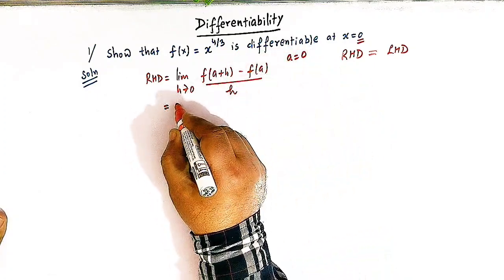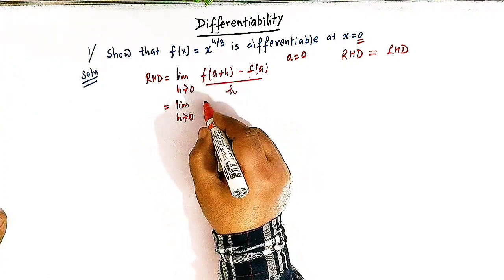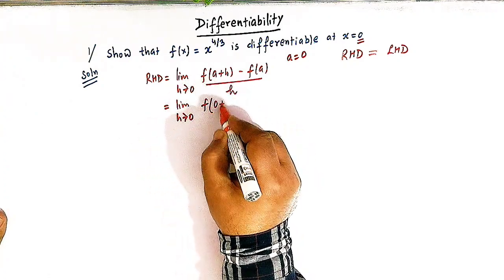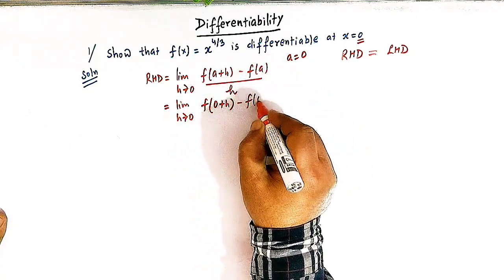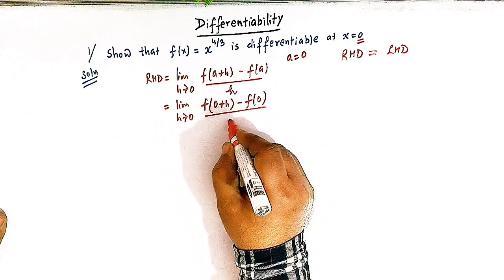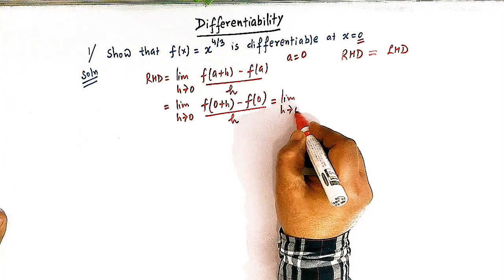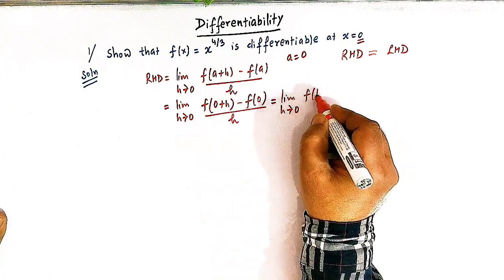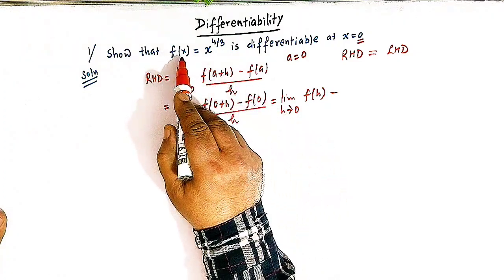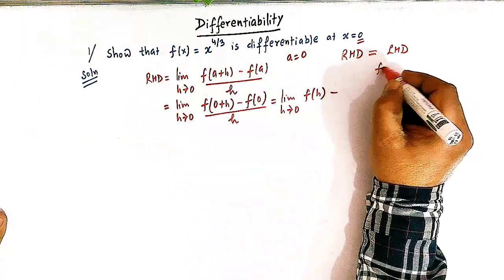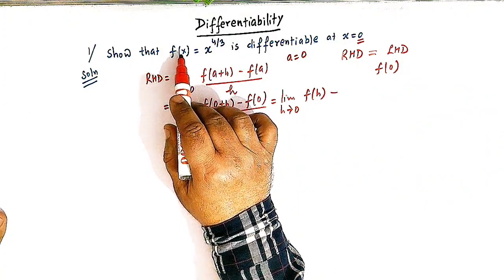So now we have limit h tends to 0, and here we have f of 0 plus h, taking a is equal to 0, and here we have f of 0 divided by h. So we can now write limit h tends to 0, f of h minus f of 0 over h, right? f of 0 can be obtained by taking x is equal to 0 in the given function.